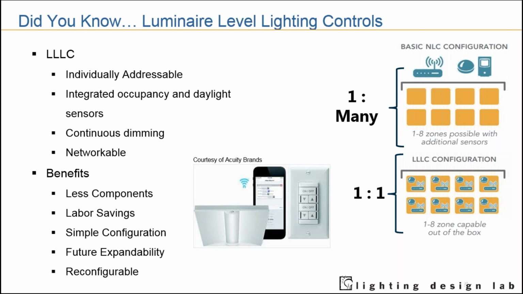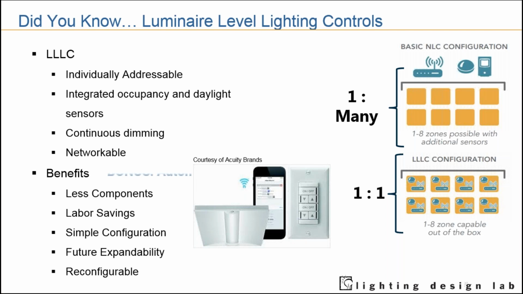But the real distinction in network lighting control zone-based application is that one sensor or one set of sensors, one load controller, is going to control many fixtures. A Luminaire level lighting control fixture will have one load controller, one sensor controlling only one fixture. So that one-to-many NLC zone-based configuration will be different than the one-to-one, one sensor to one fixture configuration.